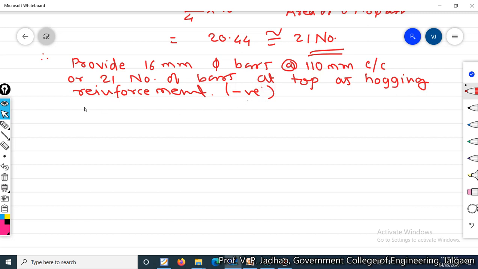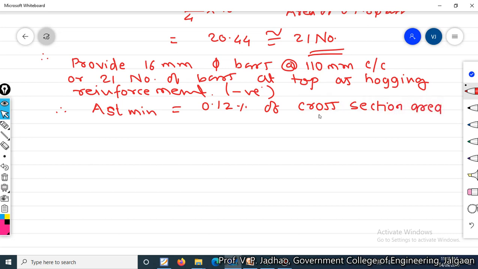Now AST minimum: as we know, we provide 0.12% of the cross section area.